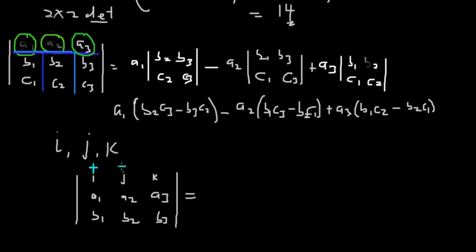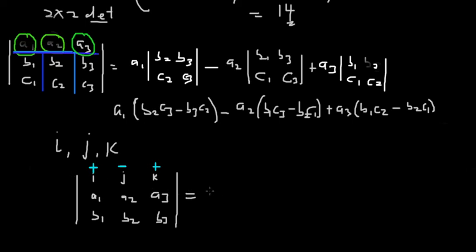For the second one, we have negative, and then for the K side, we have positive, okay? So this is how the operation signs work, okay? So when you are taking I as a reference, your operation sign has to be positive. When you are taking J as a reference, your operation sign has to be negative. And then when you are taking K as a reference, your operation sign has to be positive.